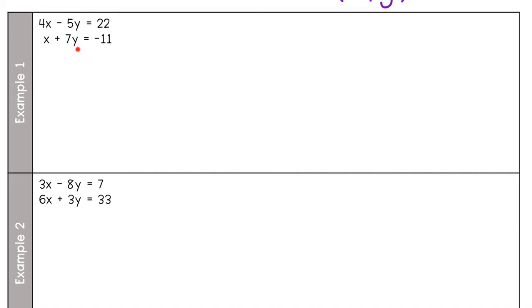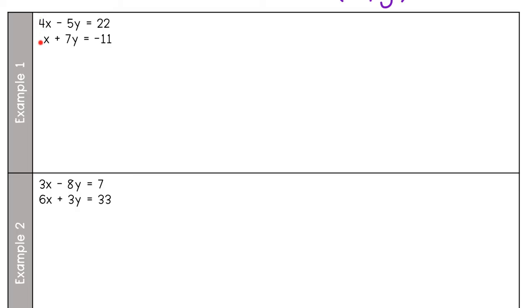So this is what I was talking about. We're going to have to do step 2. We're going to have to multiply so that they have the same coefficient. The easiest way to do this is if one of them has a coefficient of 1, which in our case, yes, right here, there's an invisible 1. So how do I make this x be the same as this x? 1 times what would give me 4?